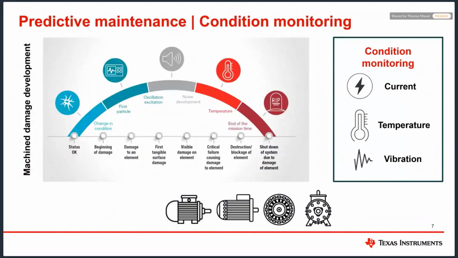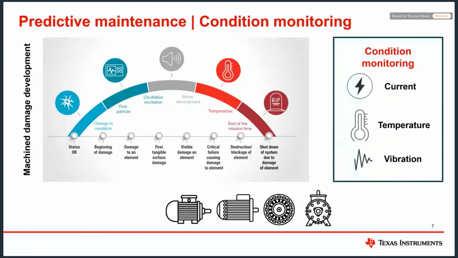So let's look at predictive maintenance in the example of condition monitoring. I think I mentioned this in the introduction. When you're doing condition monitoring, there are 3 items that you can measure. The first item is the current of a motor.